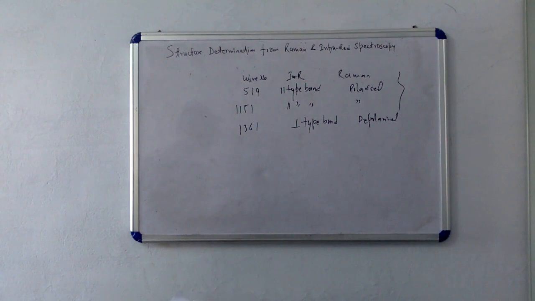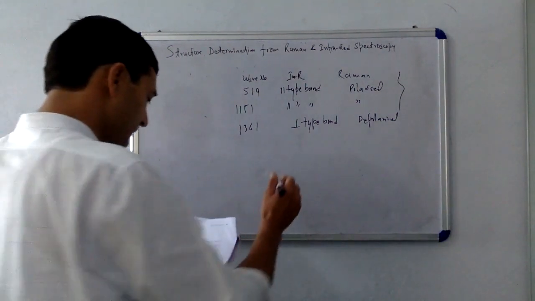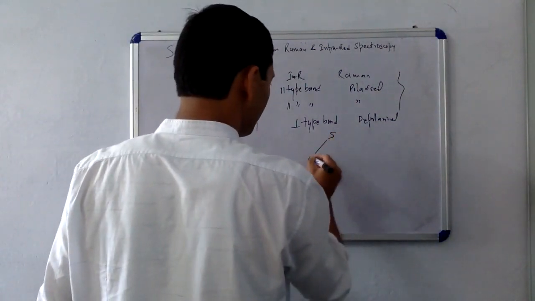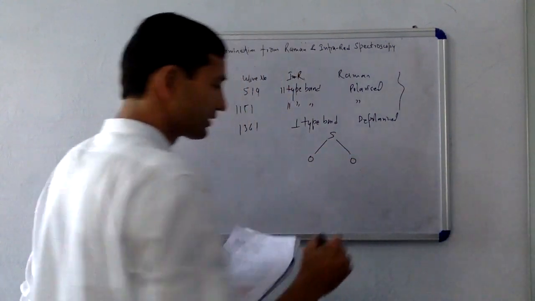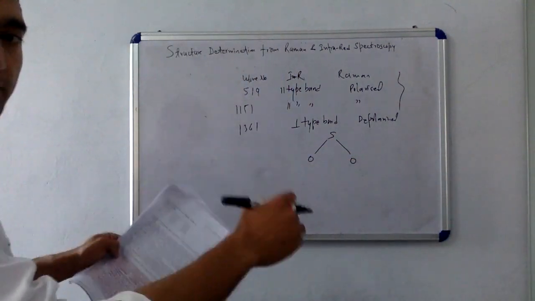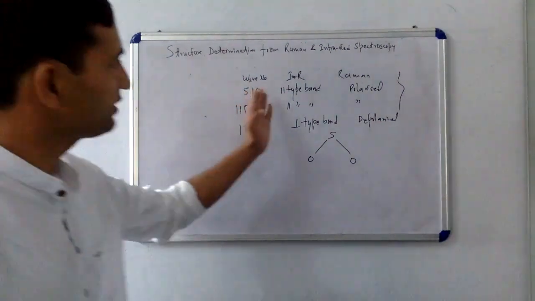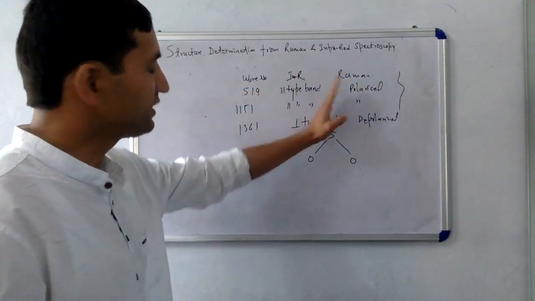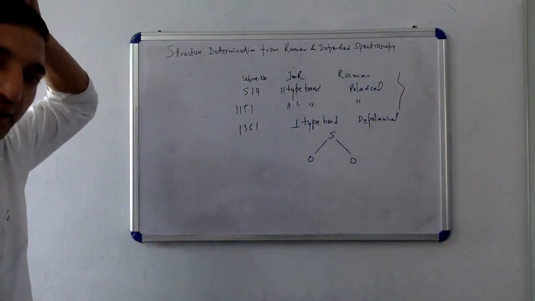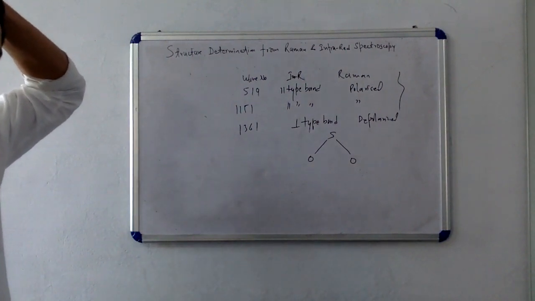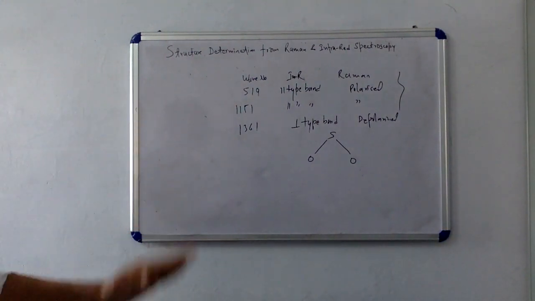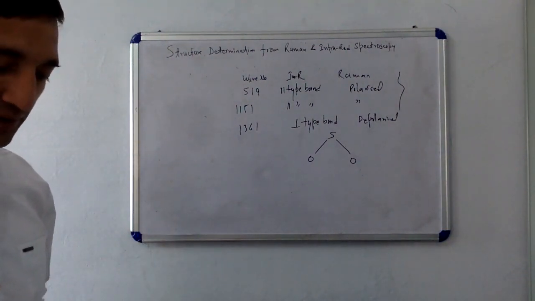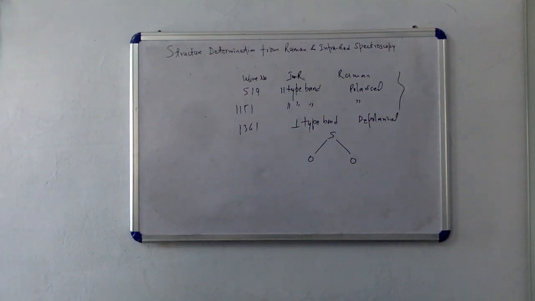The band does not show the simple PR structure of, say, carbon dioxide. The molecule has a bent shape. If you remember the band structure for carbon dioxide, because all three bands are appearing in both my Raman and IR, it means that it is not a symmetric molecule, and that is why it gives both IR and Raman spectra.